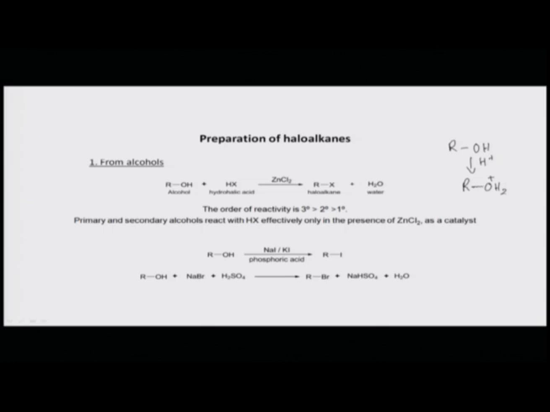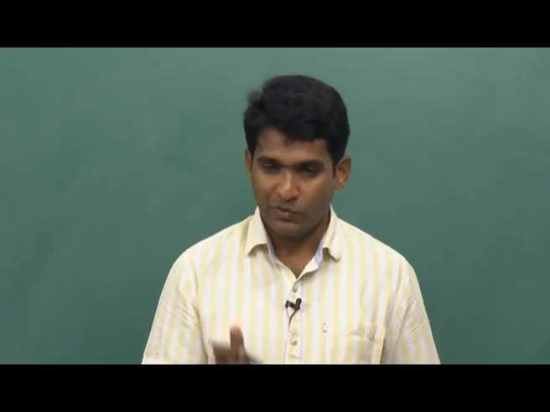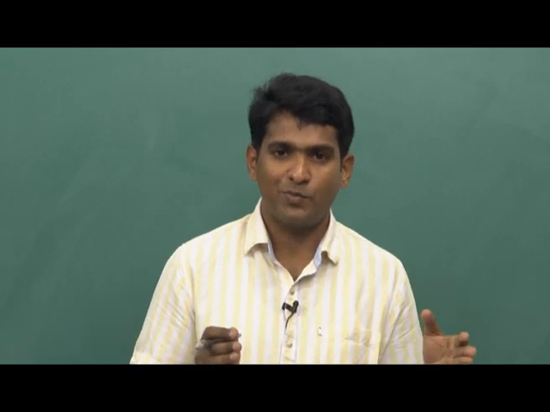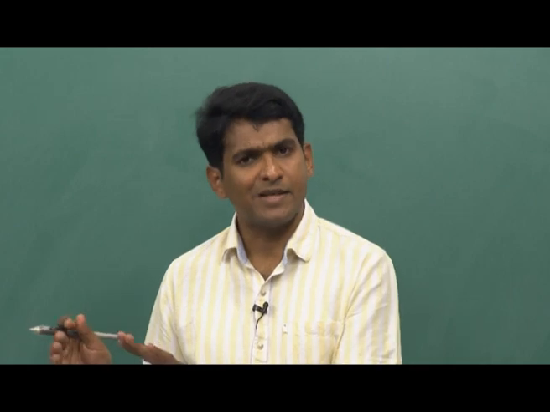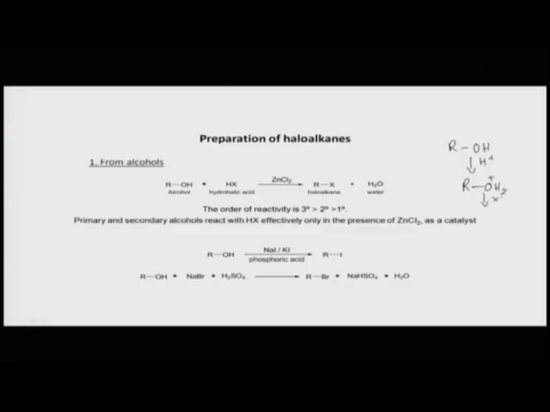Now this is something that would like to go out as water. That leaves your alkyl group wanting a new group. We already mentioned that hydrohalic acids are polarized, so I have H+ and X-. Now when water leaves, what this R needs is something with a negative charge. So this would then react with the X- that is present there and would give you RX.